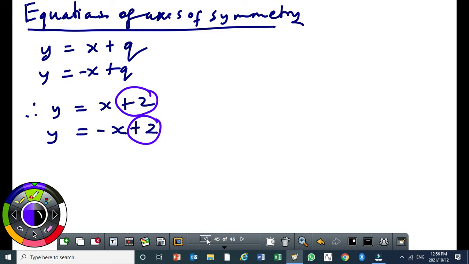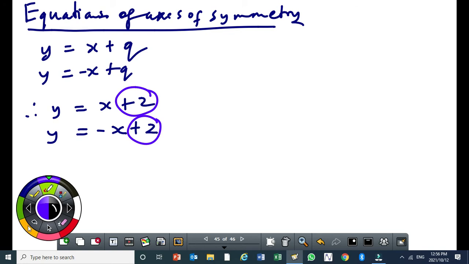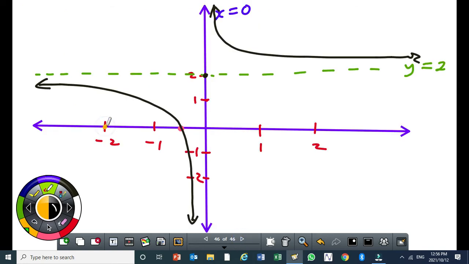So, x equal to -2, this point here, is going to be my x-intercept for the line of symmetry with a positive gradient. So when I draw it, it goes that way. Unfortunately, for the second one, I don't have a ruler, so I'm going to use a solid line.